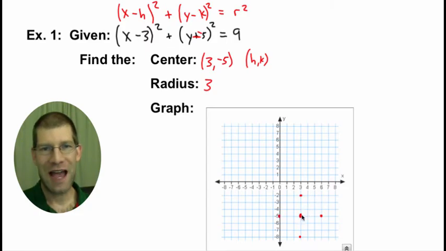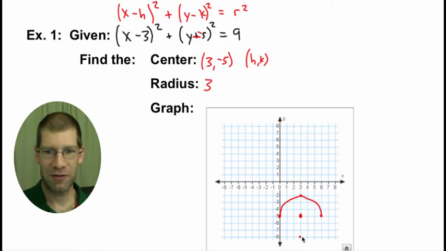Now if you're trying to go diagonally, you could spend a decent amount of time trying to do that. I'm okay with you just getting these 4 points that are easy to get, and from there make something that looks like a circle. Hopefully yours will look better than mine. Using my little smart tablet thing, it's tough to get something that looks nice, but use your pencil.